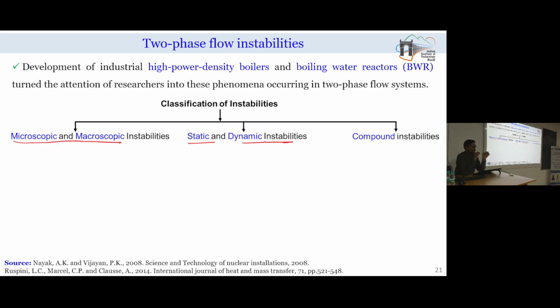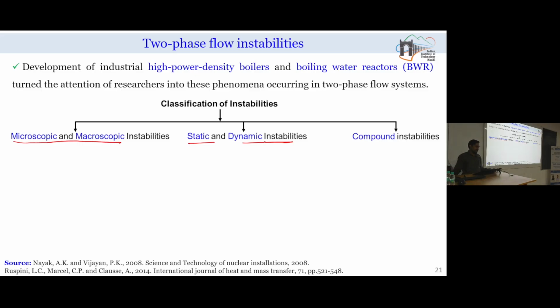Any type of instability which can be explained by steady state analysis is called static instability. And the instability which requires the temporal term to be accounted for in order to fully analyze it is called transient instability. Compound instability is whenever two or multiple types of instabilities join together and affect the entire flow.